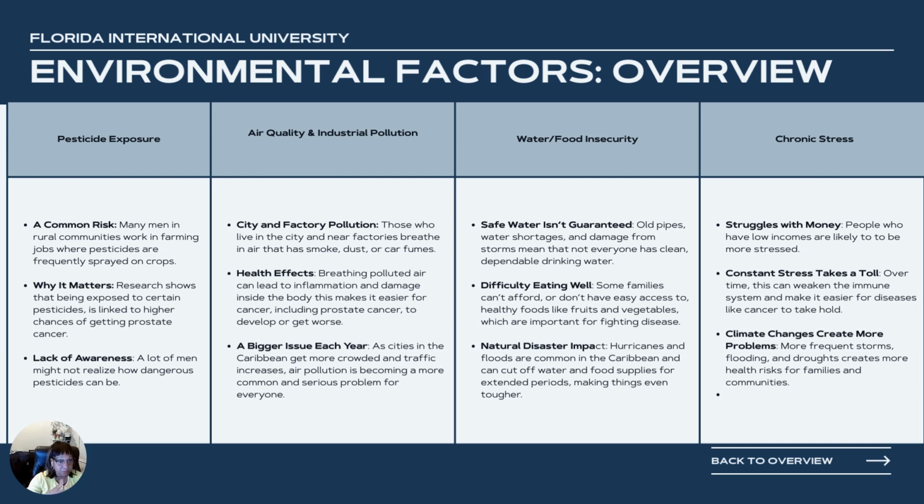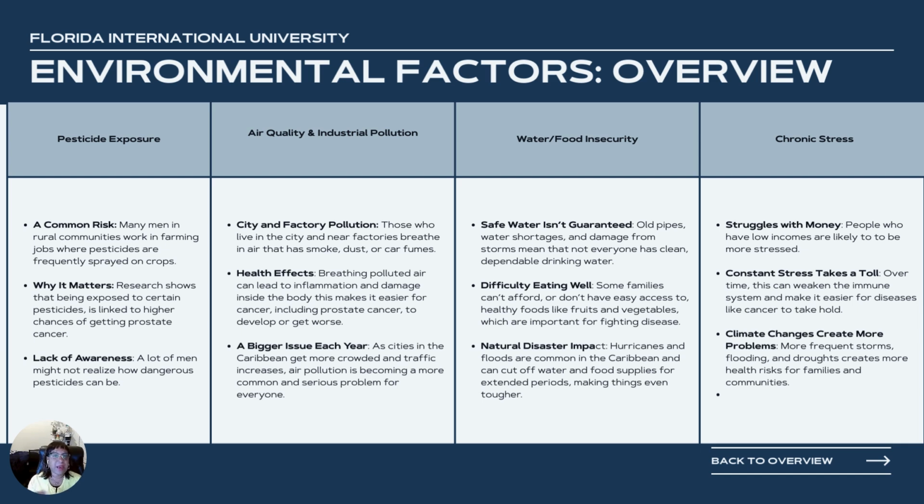And then there's the difficulty with eating well, which is that some families cannot afford it. They don't have easy access to healthy foods like fruits and vegetables, which are important for fighting diseases. Then we have the natural disasters, like hurricanes and floods, which are common in the Caribbean, and can cut off the water and food supplies for extended periods and make things more difficult for them.